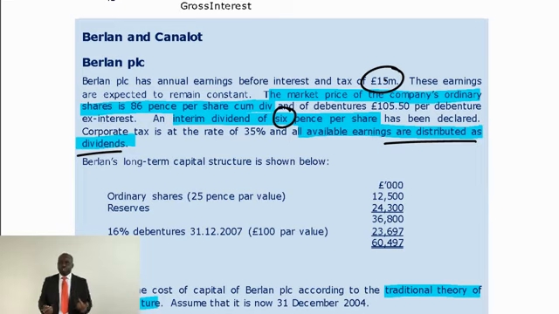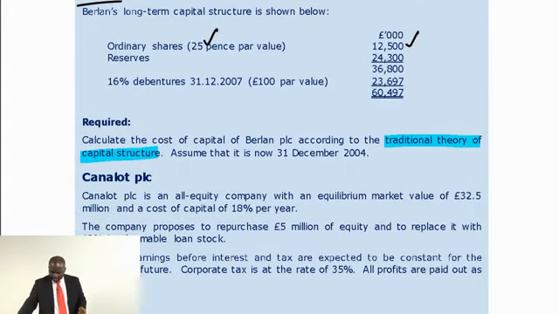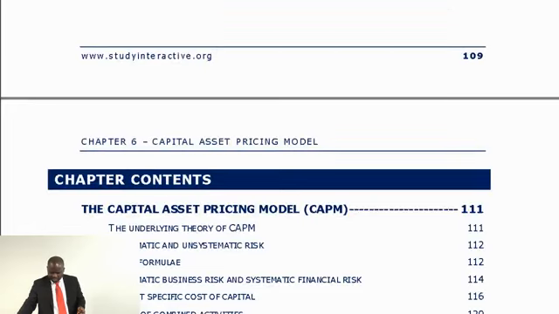The dividend. Which dividend do I need? I need the current dividend, and they said it's 6 pence. So I have to take the 6 pence out of the 86 pence to get the ex div, and I'll multiply by the number of shares. And remember, the number of shares will be 12.5 million divided by the 25 pence par value. So that is what we did down there for you.